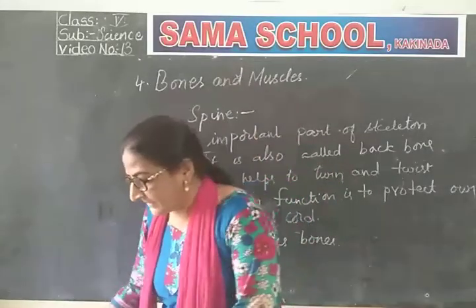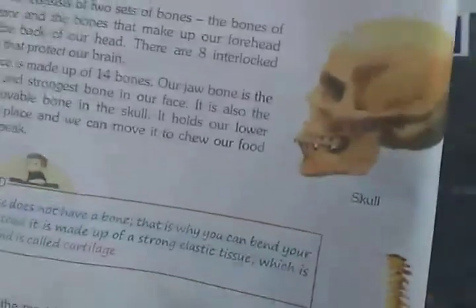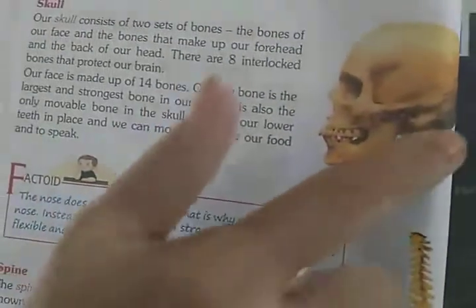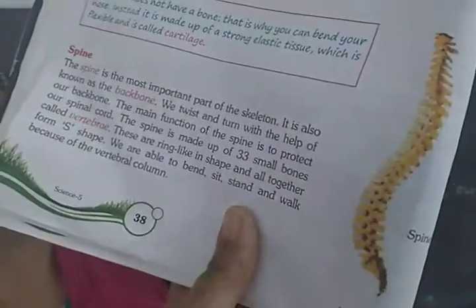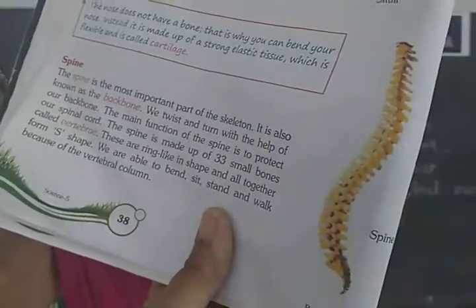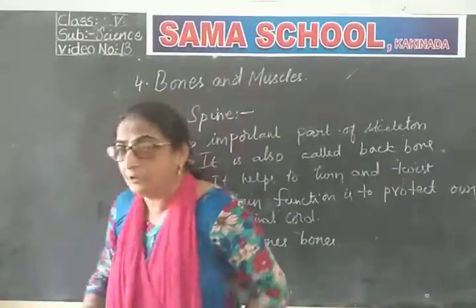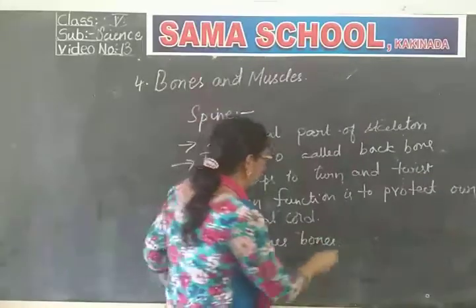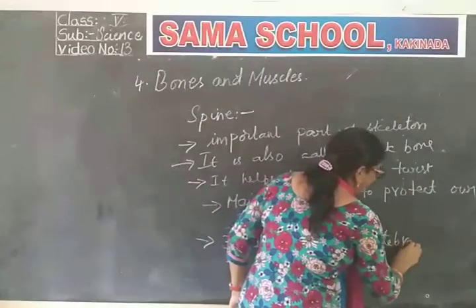This is the spinal cord, this is the skull of your body. Next, this is the spinal cord, which is made up of 33 small bones, and those 33 small bones are called vertebrae.